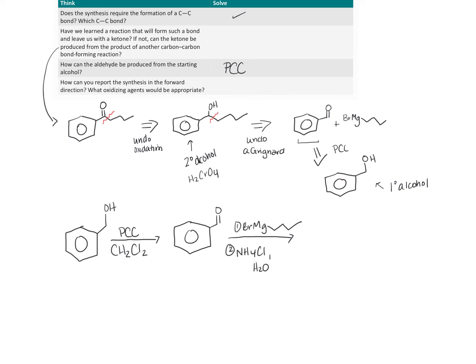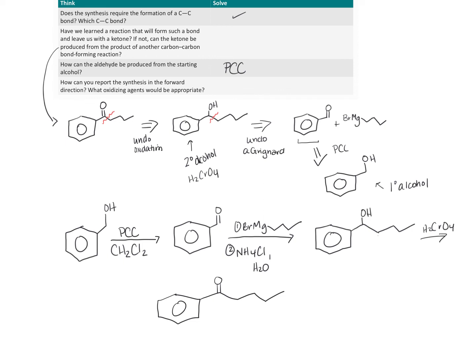And when we add our Grignard, now we have an alcohol group and we formed a carbon-carbon bond. Now we can go on and use the chromic acid and form the ketone there. So this would be an example of PCC and chromic acid both being used in a synthesis.